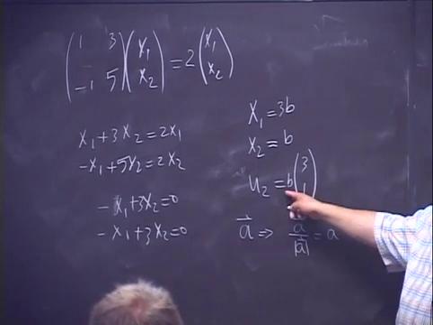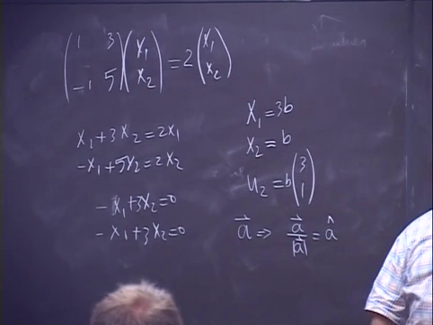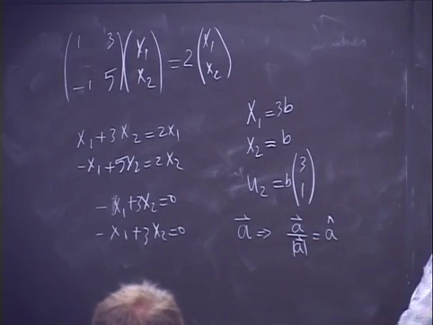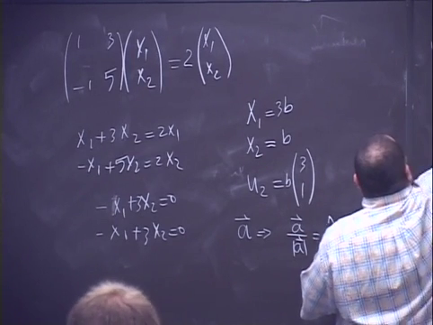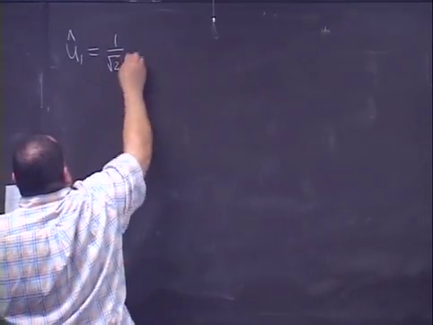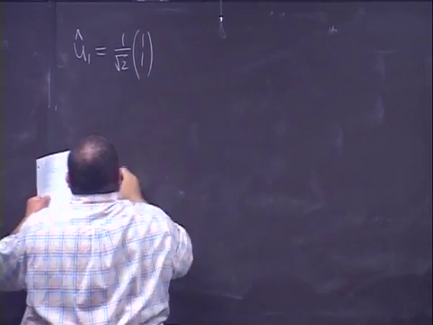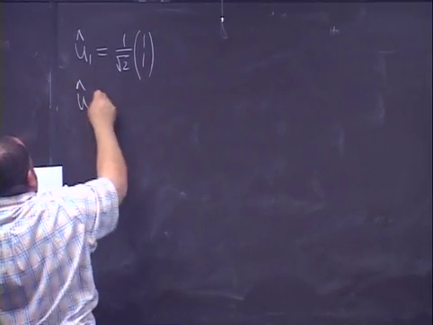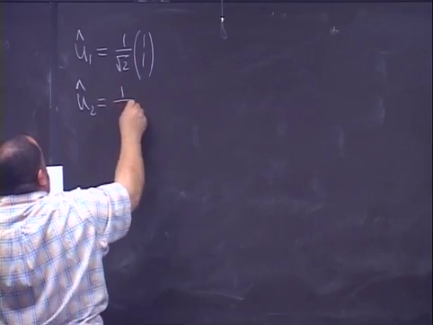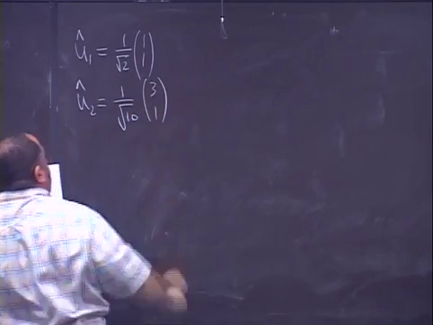So you divide here by b square root of 10, and you divide over there by a square root of 2. So this will give you what? u1 normalized will be 1 over the square root of 2 multiplied by 1 and 1. And u2 normalized will be 1 over the square root of 10 multiplied by 3 and 1.